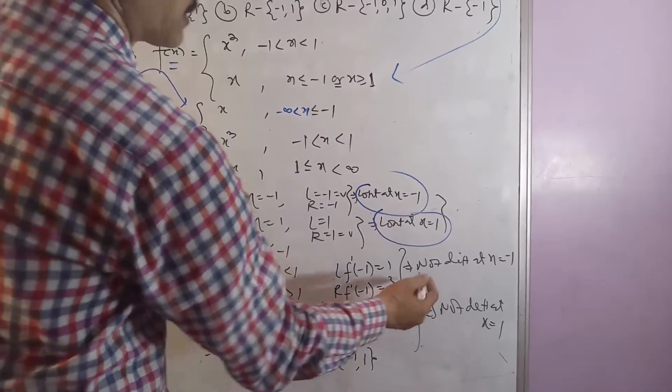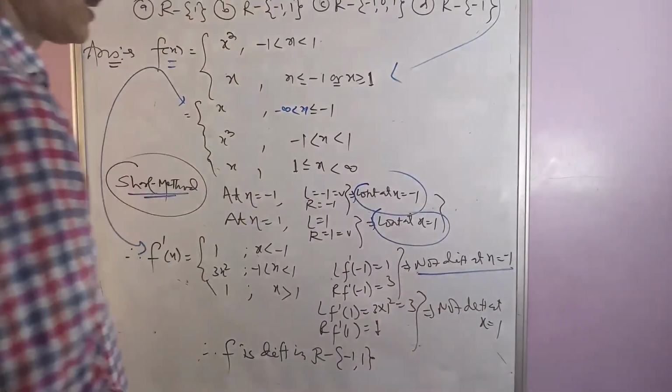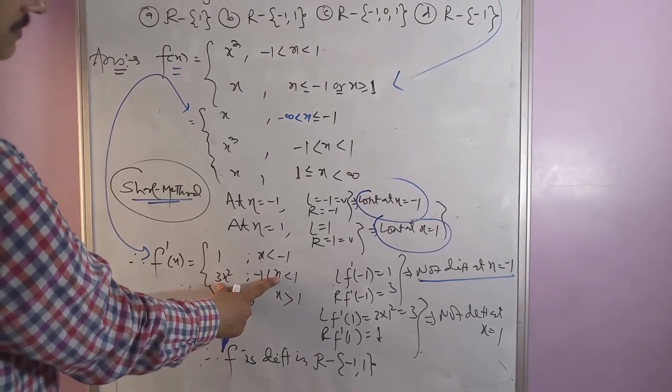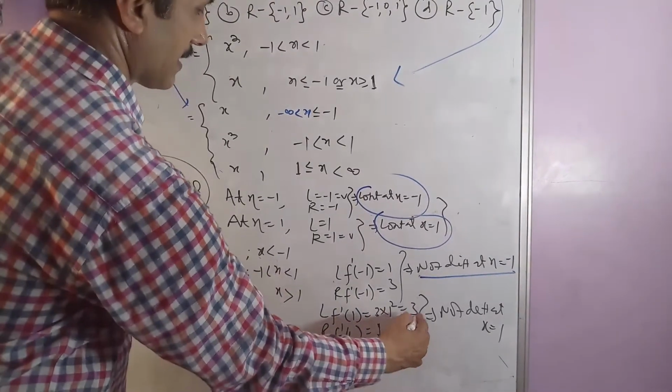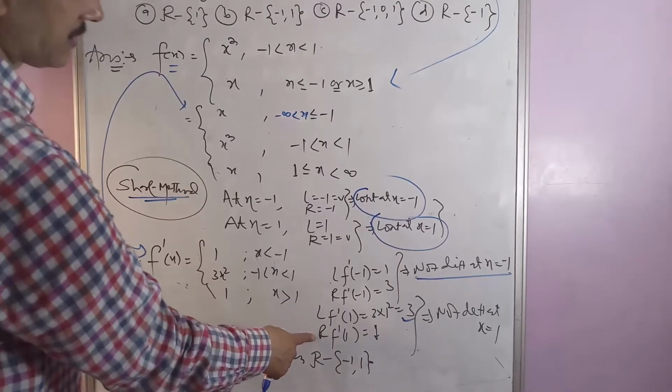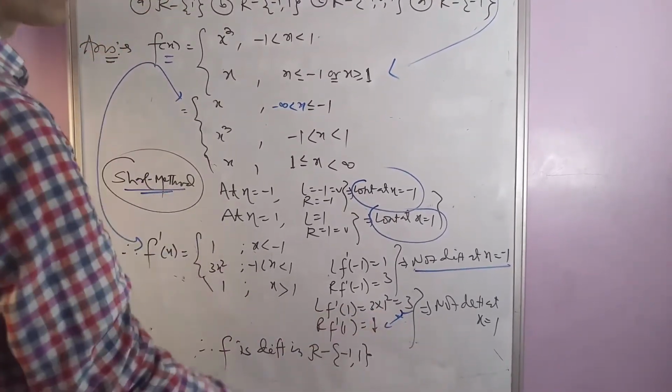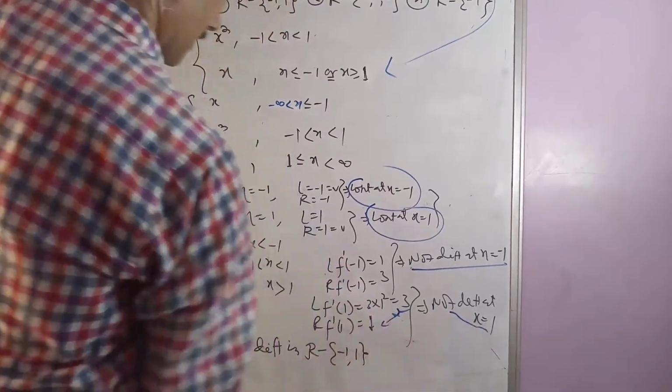Both are different, not differentiable at minus 1. At 1, left hand derivative is 3 into 1 square, 3, and right hand derivative at 1 is 1. Both are different, so not differentiable at x equal to 1.